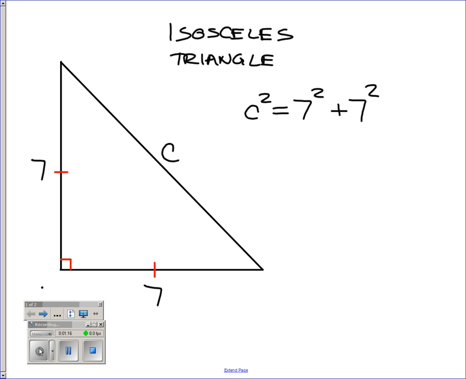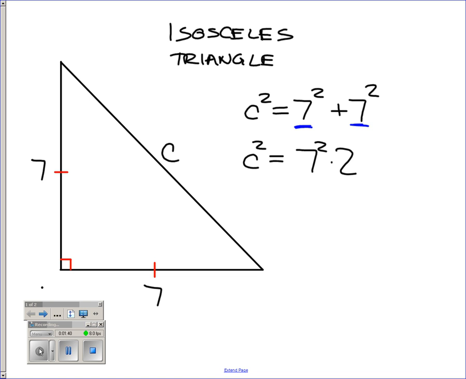We'd square the other leg and get whatever number that is, add them together, and then take the square root and simplify. But in this case, we've got exactly the same thing twice. We've got two 7 squares. So I'm going to write this as C squared is equal to 7 squared times 2.